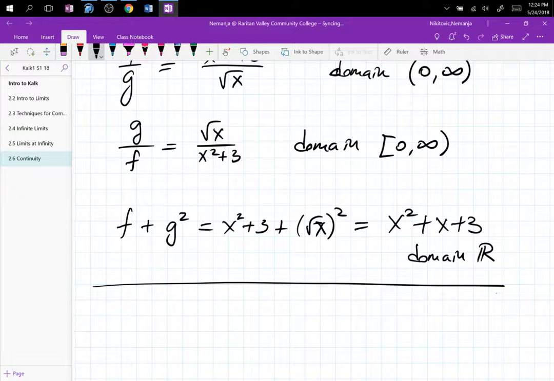The next theorem says that function composition of two continuous functions is continuous.